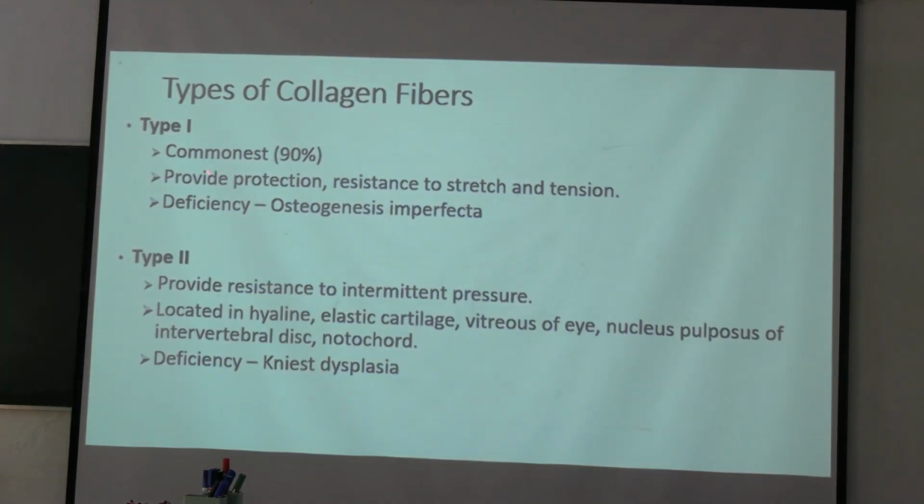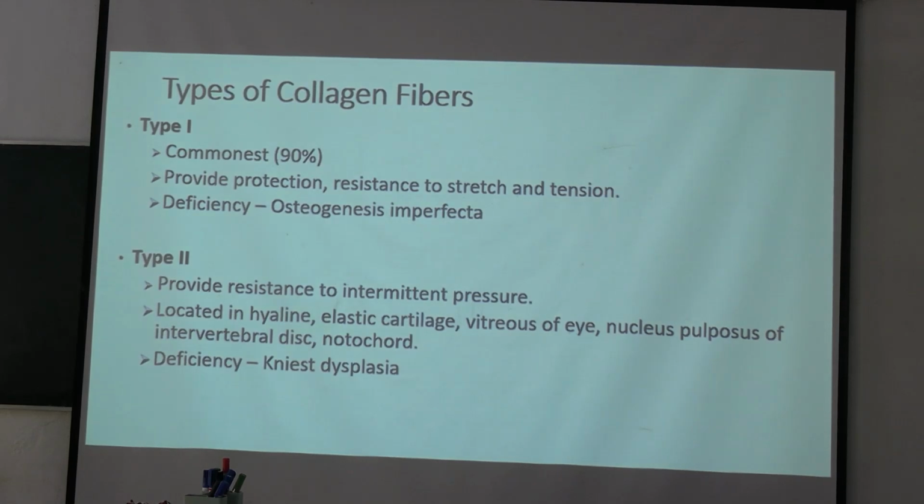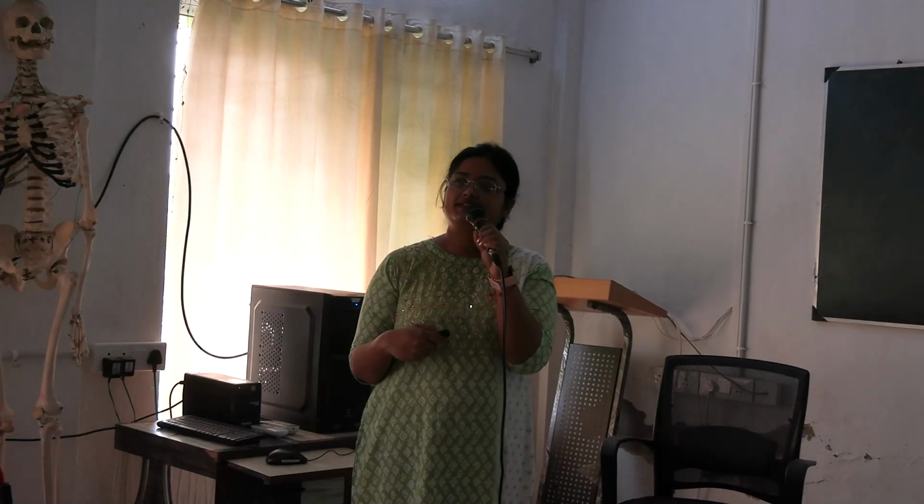Type 1 collagen is the commonest type of collagen fiber. 90% of collagen fibers are type 1. It provides protection, resistance to stretch and tension, and its deficiency leads to osteogenesis imperfecta. It is a bone disease; the shape of the bone is deformed in this disease.